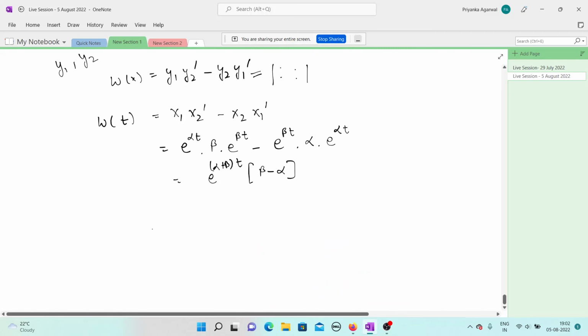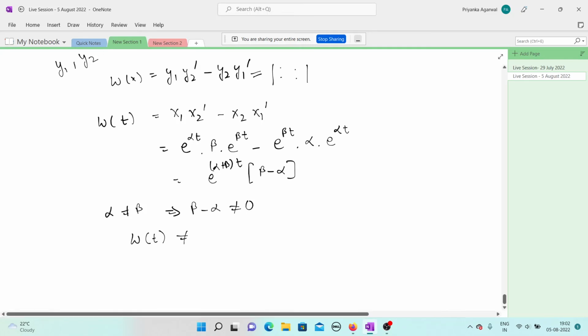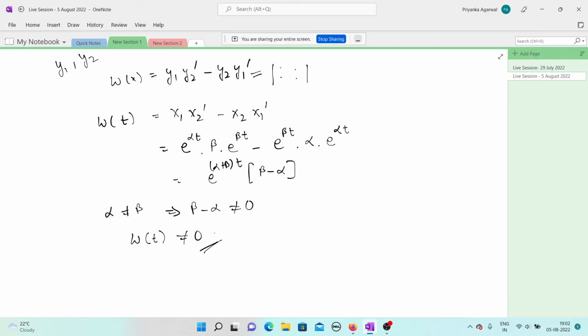So since alpha is not equal to beta, this means that beta minus alpha will be a non-zero quantity. So this means that the Wronskian is non-zero. So this is what we have to show in this question. Any doubts?